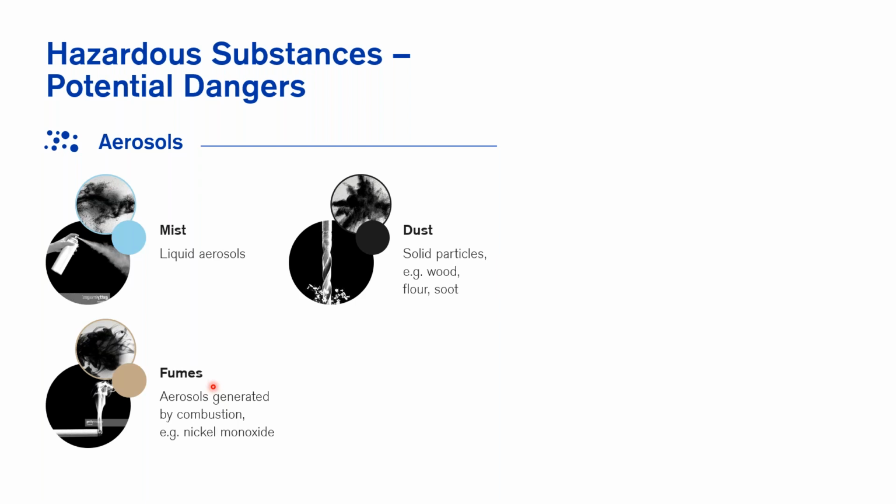Now, of course, last but not least is the mist, which we know as liquid aerosols. This refers to the heterogeneous mixture in which microscopic liquid droplets are dispersed in gas. One example is water droplets in air. These substances are usually mixed with one another, with individual components which can be distinguished by the naked eye. So if you look at spray cans, you can actually see the mist spraying out.